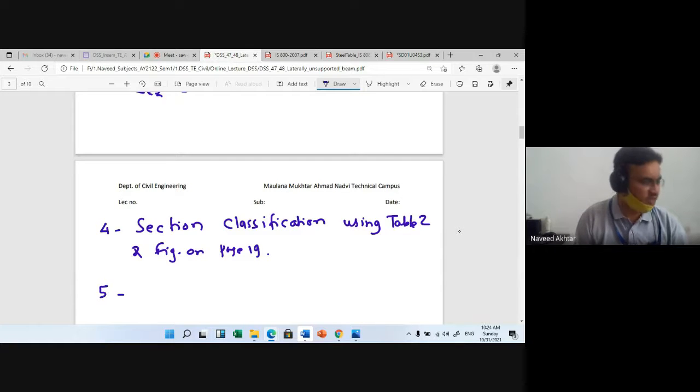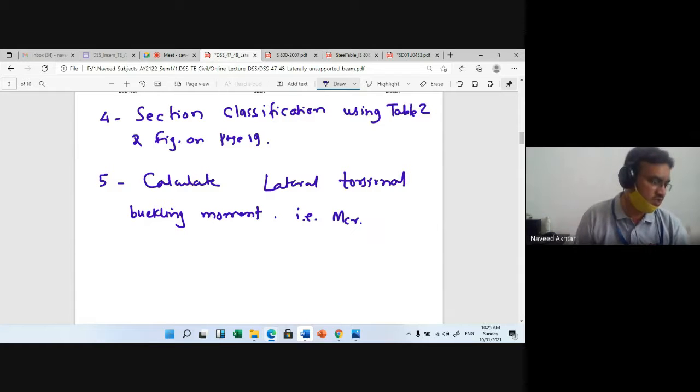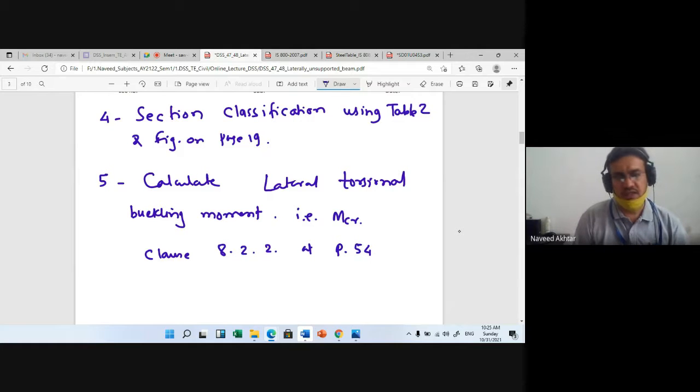Then step number 5, you have to calculate your lateral torsional buckling moment, that is MCR, which is given in clause number 8.2.2 at page number 54 of IS 800 2007.